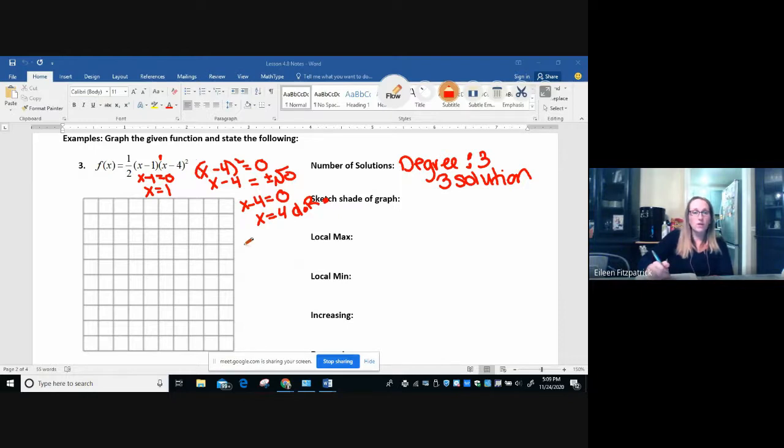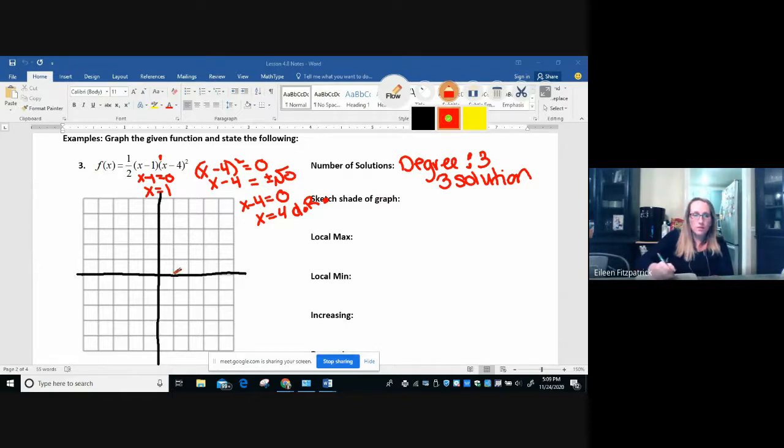Okay, so I'm going to plot those as my x-intercepts. Let's make an xy axis nice and dark right in the middle. All right, go back to my red pen.